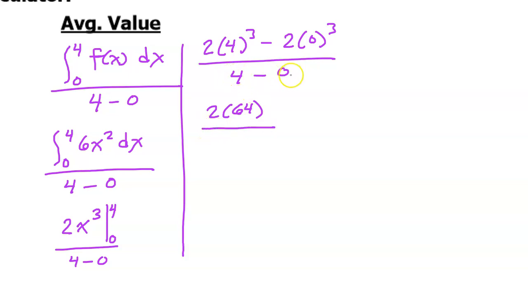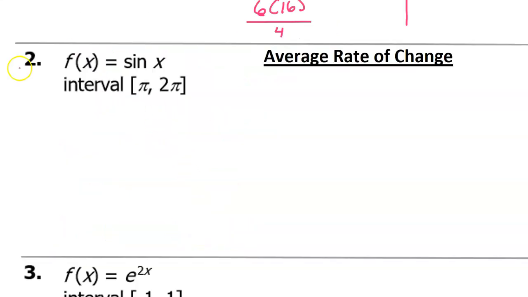In the denominator, 4 minus 0 is just 4. I am going to reduce 2 over 4, so I will have a 2 in the denominator. So now I have 64 divided by 2, which is 32. So this is the average value.